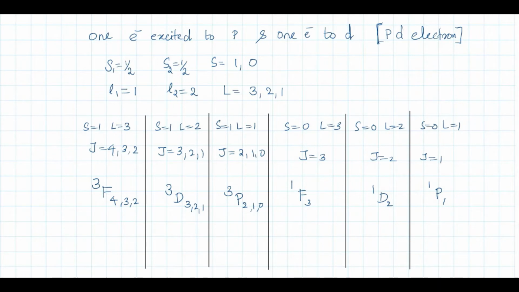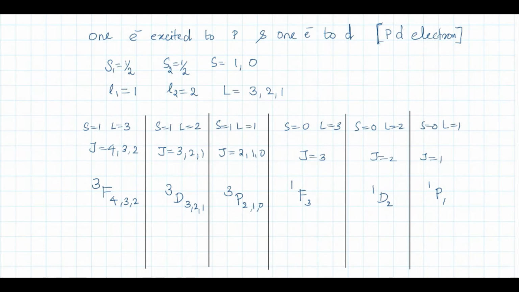L1 equal to 1, L2 equal to 2. Capital L is 3, 2, 1. Okay, so you can write the 6 possibilities like this: S1, L3; S1, L2; S1, L1. Then S0, L3; S0, L2; S0, L1. These are the 6 possibilities. For S equal to 1, L equal to 3, J can have values 4, 3, 2.